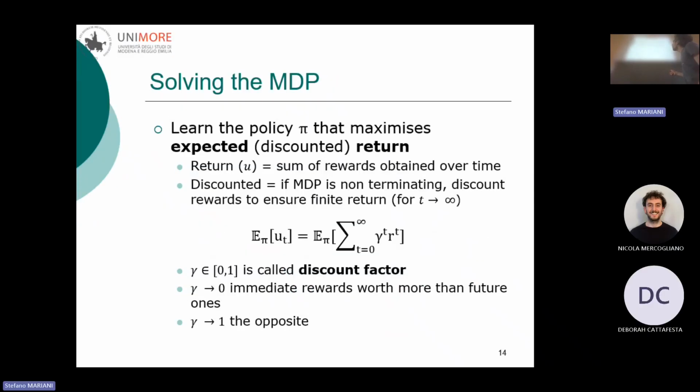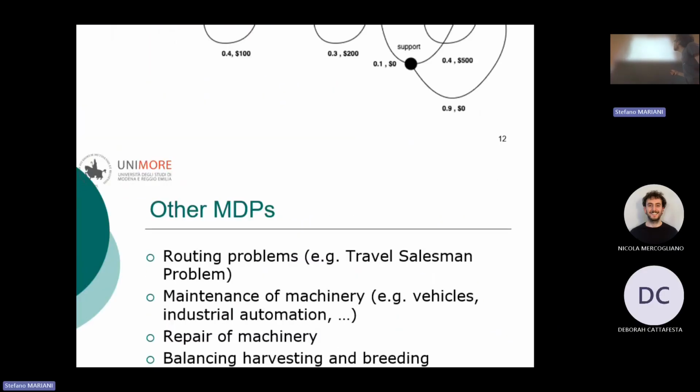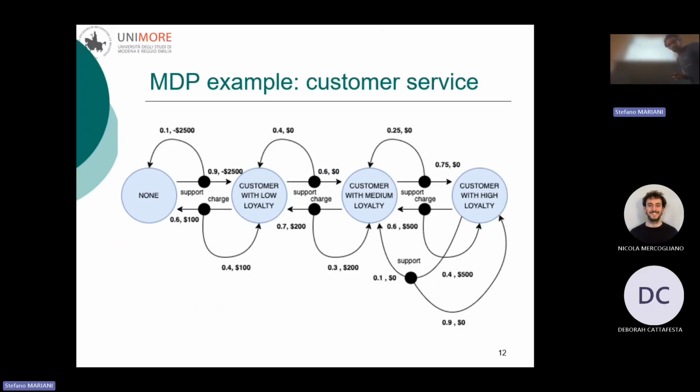Let's try to be more clear. To compute the expected return from this state onwards, I need to take every action, support or charge, and multiply by the probability of that specific transition.